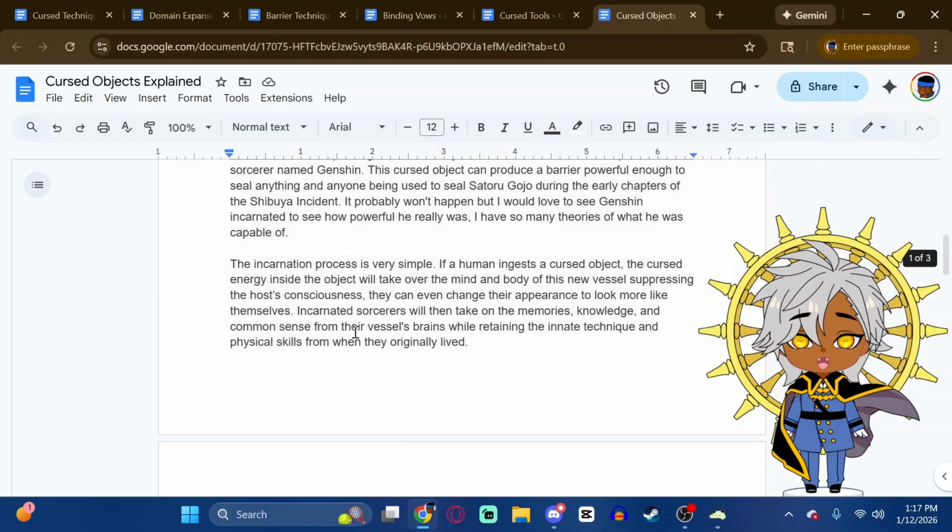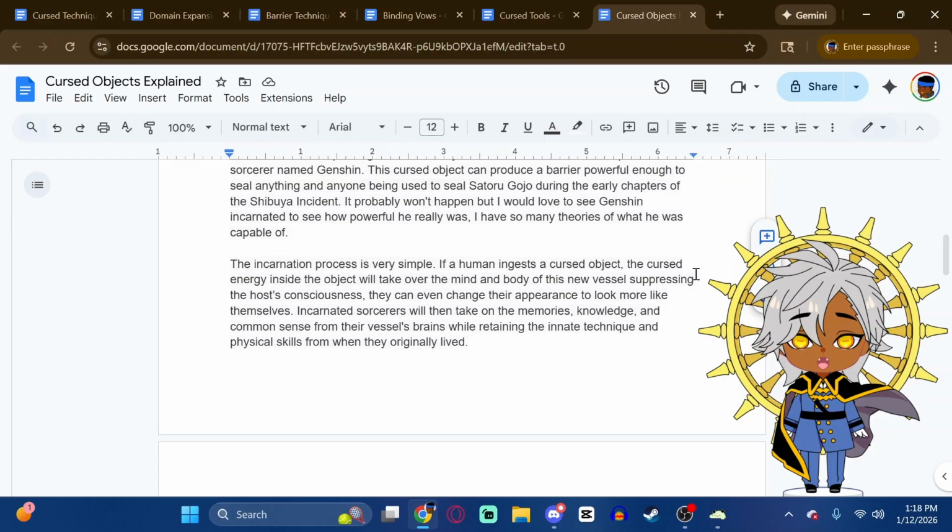So let's continue this. The incarnation process is very simple. If a human who, okay, so I do have to explain a little bit the differences between non-sorcerers and sorcerers. I don't know why they don't explain this well enough, but basically the real difference between being able to utilize curse energy and not is connected to a particular part of your brain.